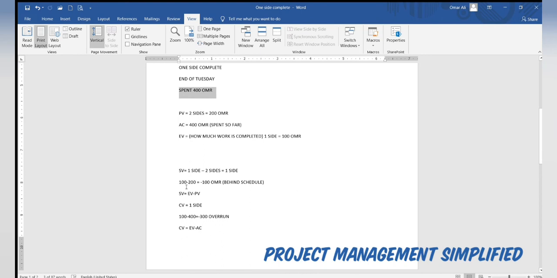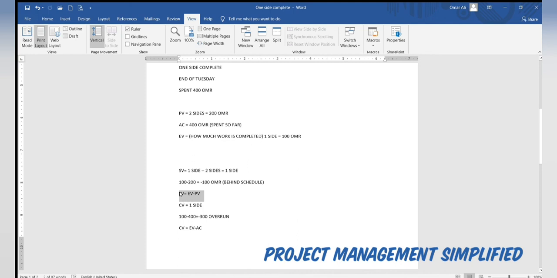Okay, now let's go for something else that we have taken also, the schedule variance. The schedule variance is EV minus PV, which is the baseline cost of work performed minus the baseline cost of work scheduled.